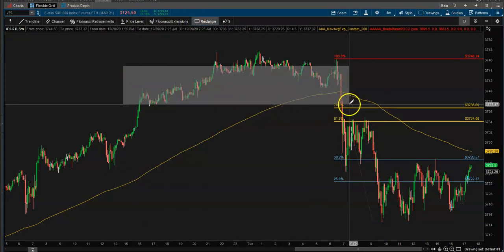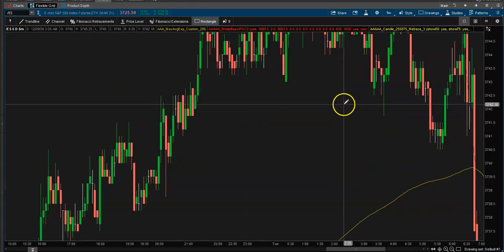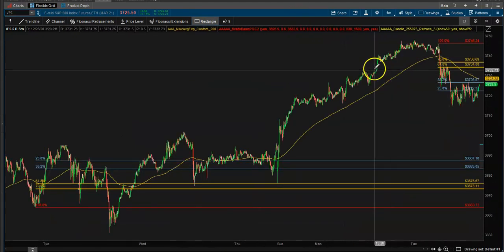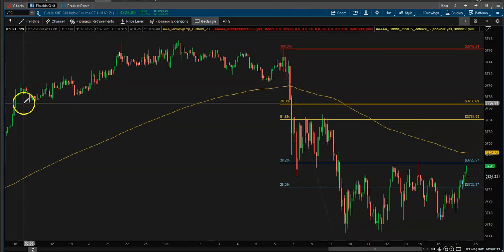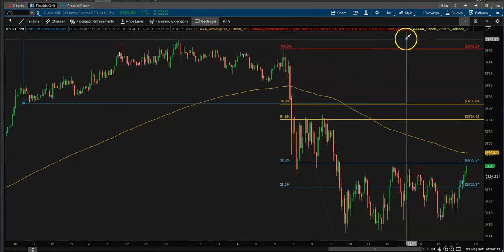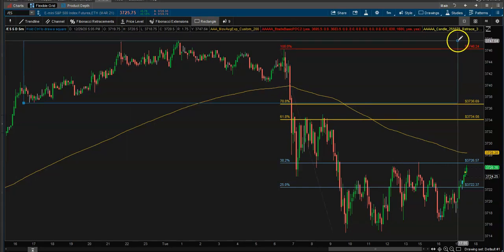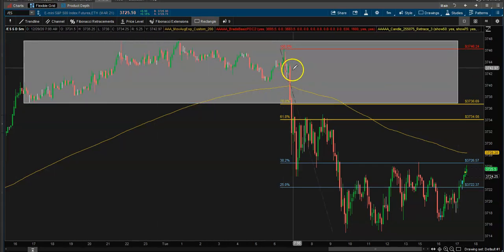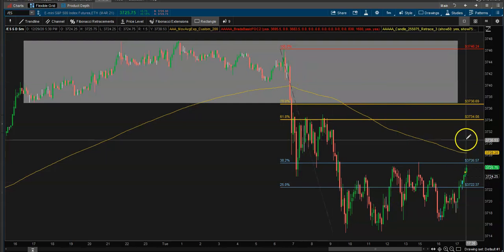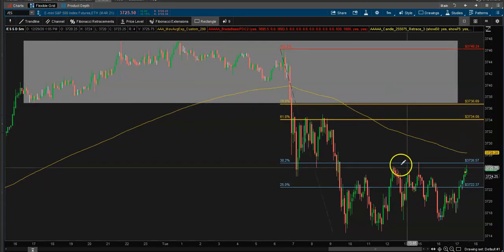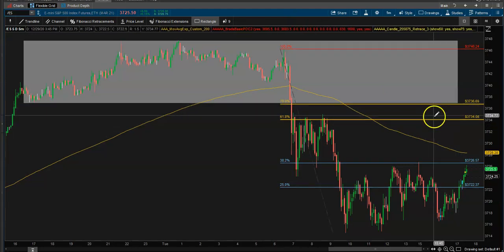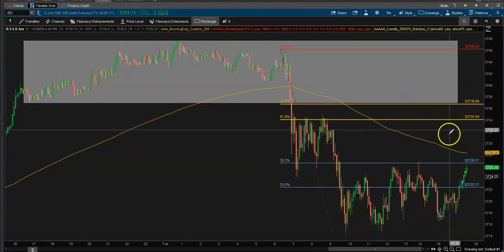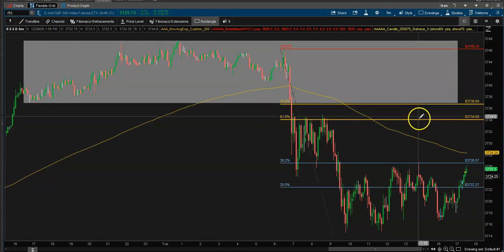Think about that, right? That was kind of the base of it. It was the base right here, all this price action, and then we had the hard fall. Well, if we rally all the way back up, just from this leg, we now have our resistance level, and then maybe it comes up and reverses and goes lower.